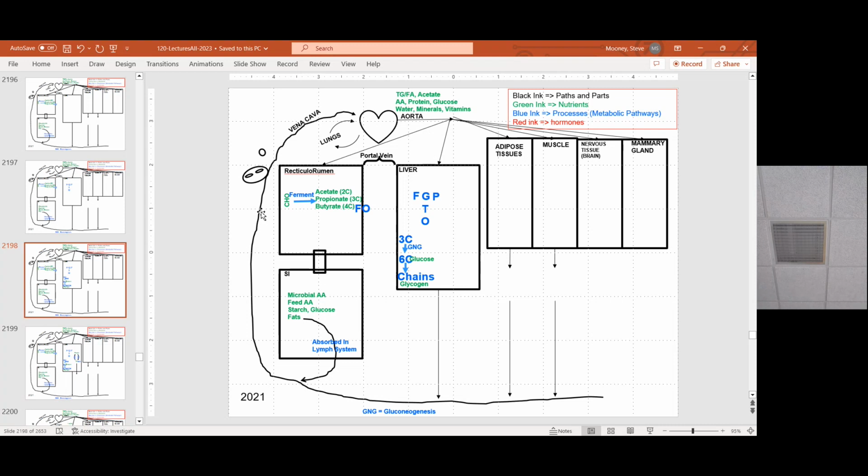So this is a huge function of our dairy cattle liver, being able to produce lactose. Lactose determines milk volume. We don't get paid like we used to on milk volume, the pounds of milk produced each day, but we still use it for bragging rights, right?